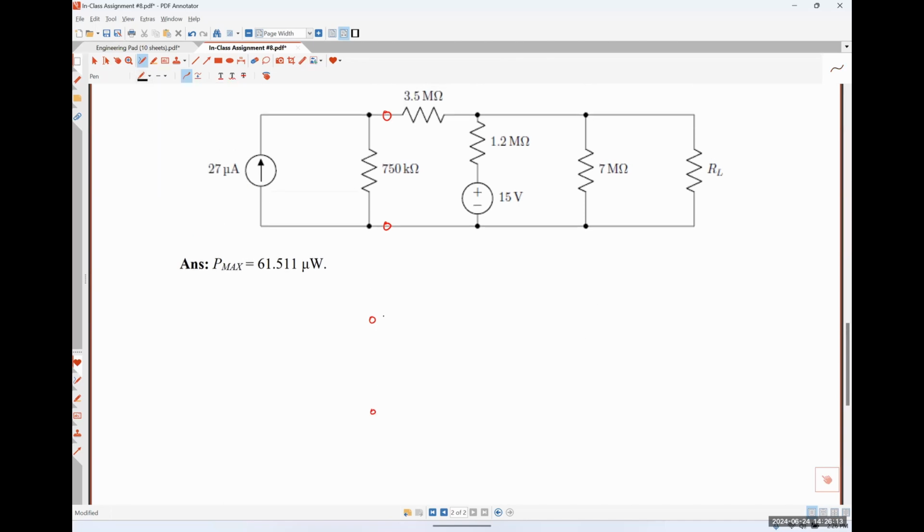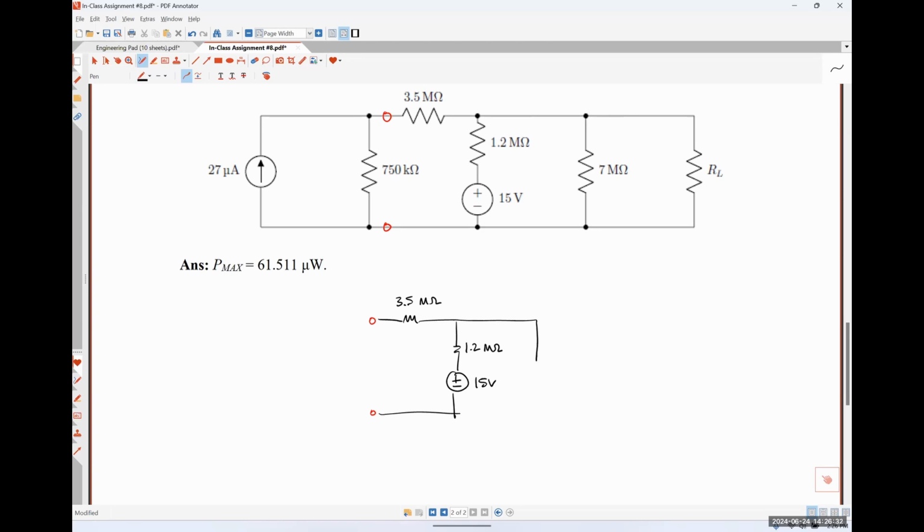So that would be 3.5 megaohms. Here we have 1.2 megaohms, 15 volts, 7 megaohms. And over here is my resistance RL.